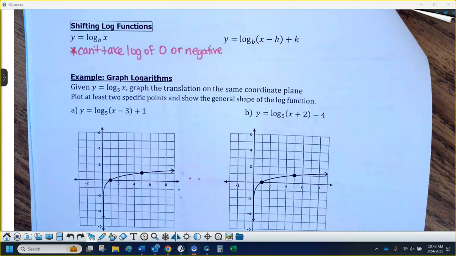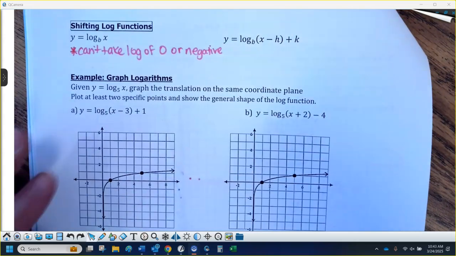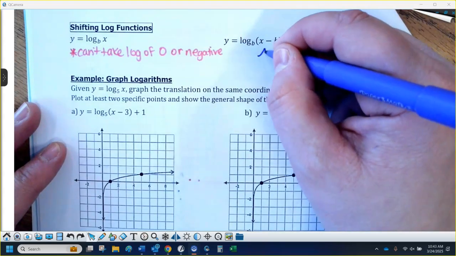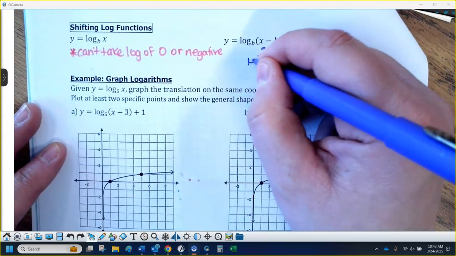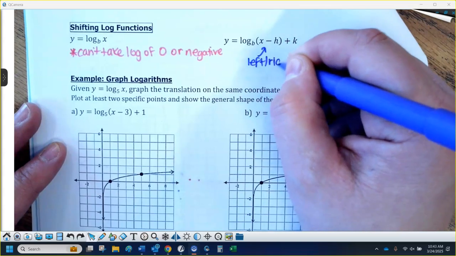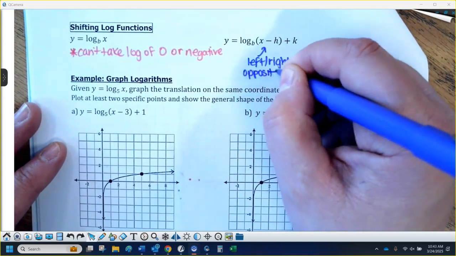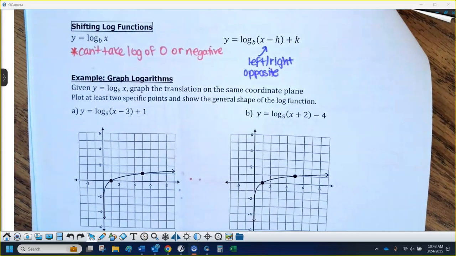The one thing I'm going to have you do differently is, I'm going to shift the axis to show you this. Whatever's inside with the x, this is left or right, and then this is the opposite way you think. So if it's x minus 2, it actually moves it 2 units to the right. It's what sets it equal to 0.